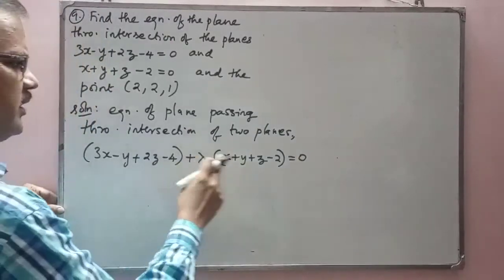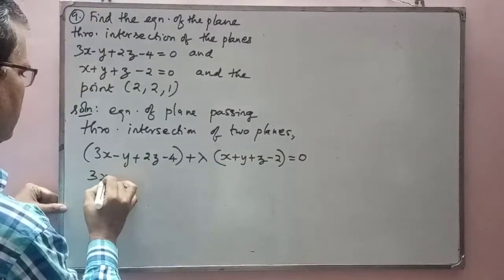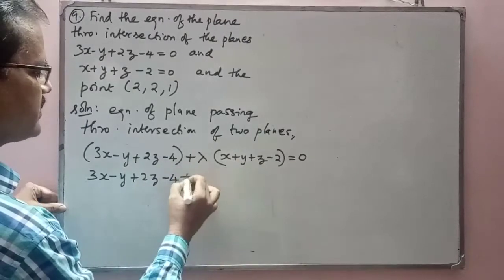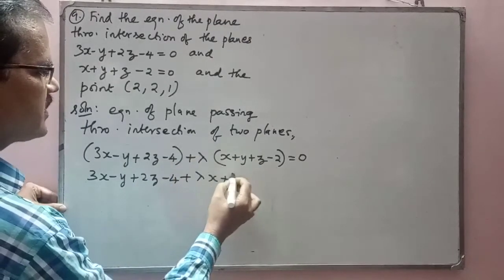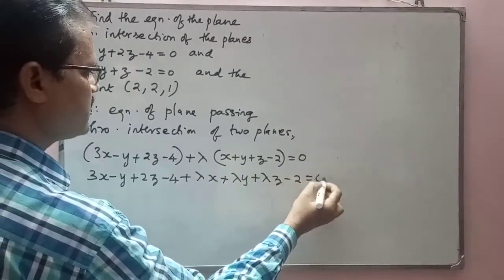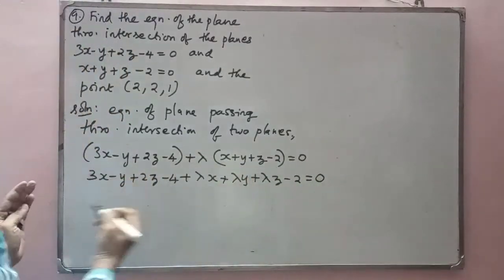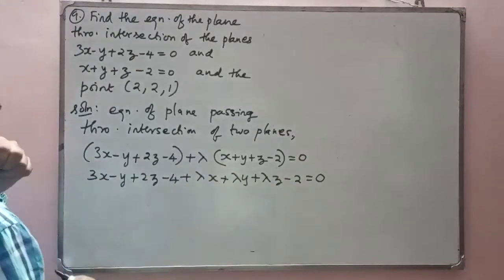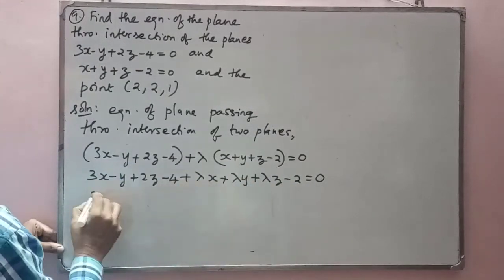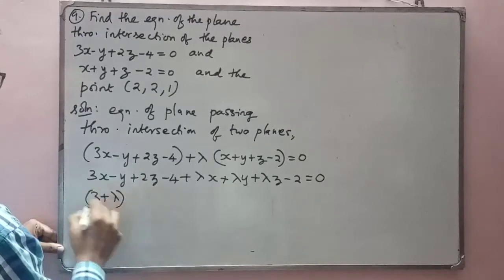Now let us see. We'll take the lambda inside. In this equation, we don't make any change. Now you take lambda inside. You'll have lambda x plus lambda y plus lambda z minus 2 equal to 0. Now x terms together, y terms together, z terms together and the constant separately. We have 3x and lambda x, so I'll write it as 3 plus lambda x.